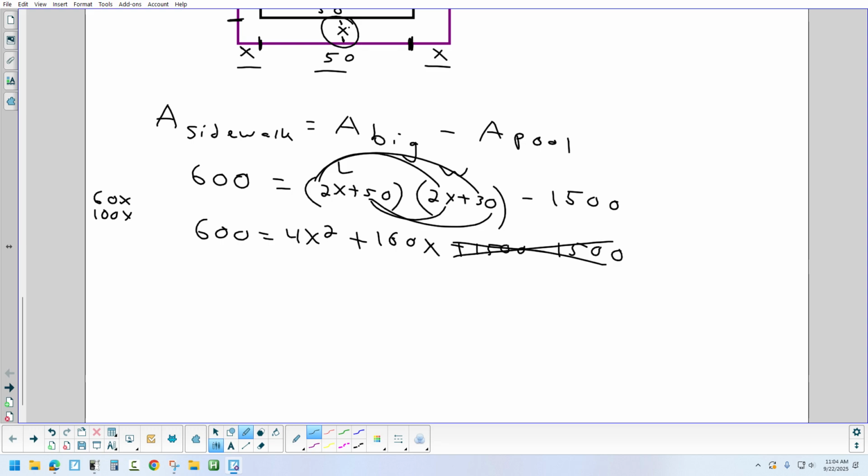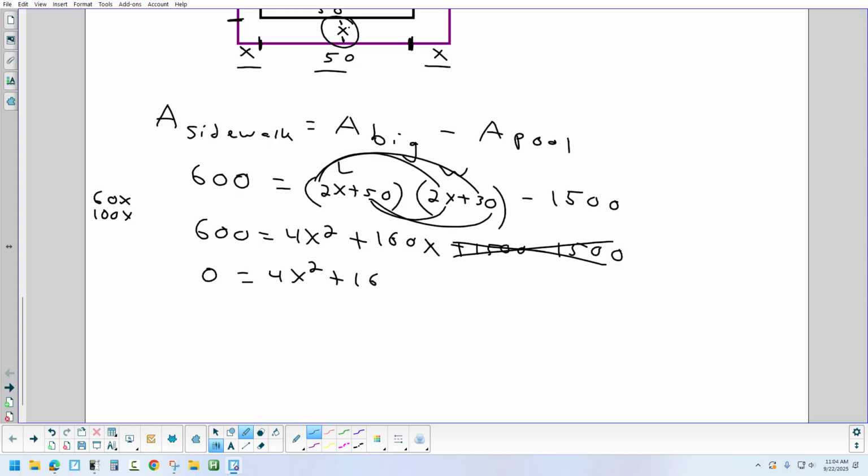You do have to know how to factor, but we're not factoring this one because it's not factorable. Factoring comes up later on with other stuff. So how would we get that equal to 0? Subtract 600 on both sides.